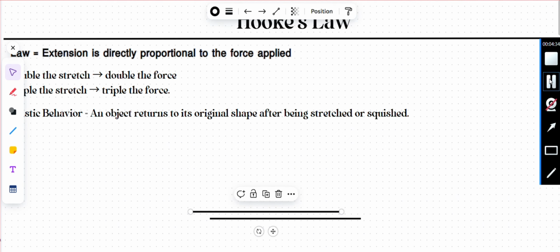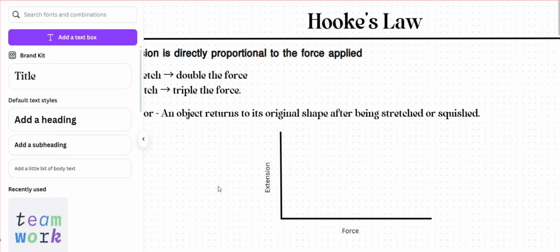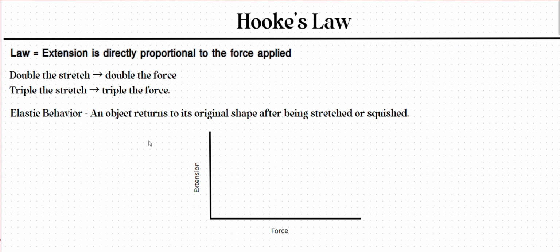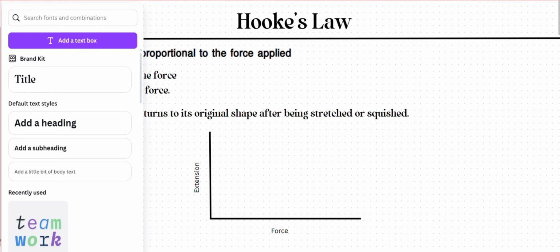Let me draw it right now, one second. Now, they might ask you to do two things in the graph. First, they might keep this graph completely blank and tell you to draw this graph and label it. So the labeling should be done like this. On the left vertical side there should be extension, and on the bottom horizontal side there should be force, and then you will just have to draw a line.